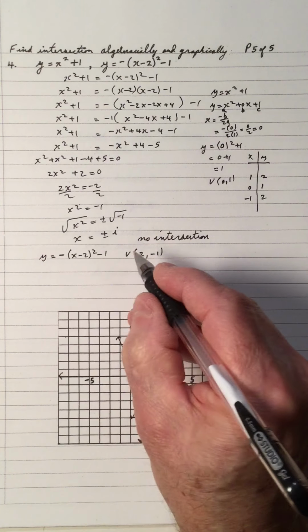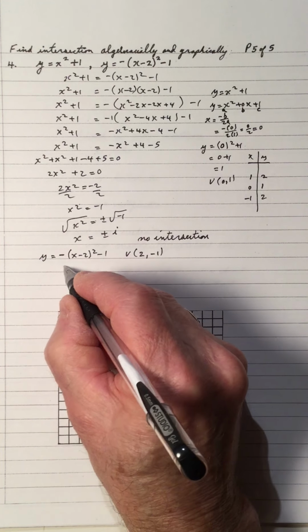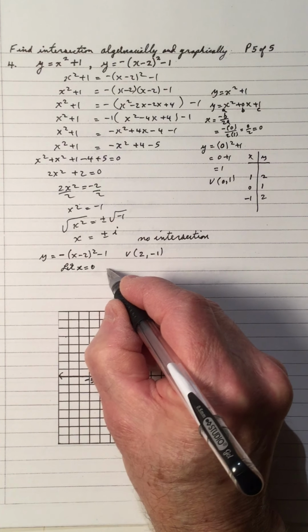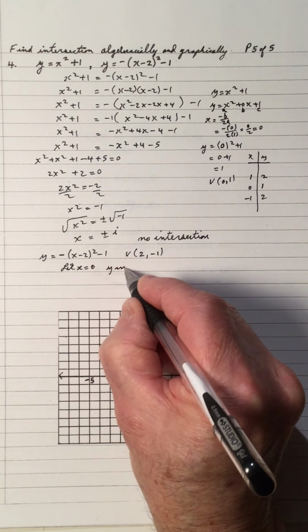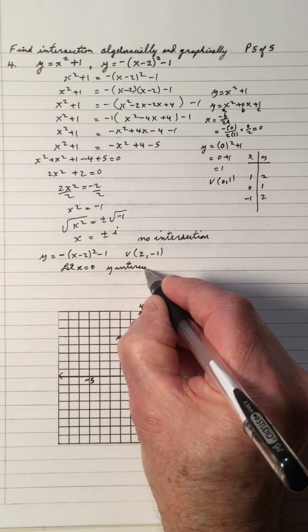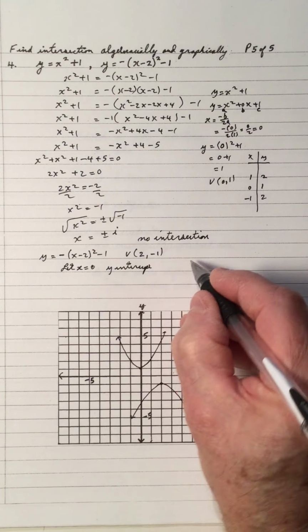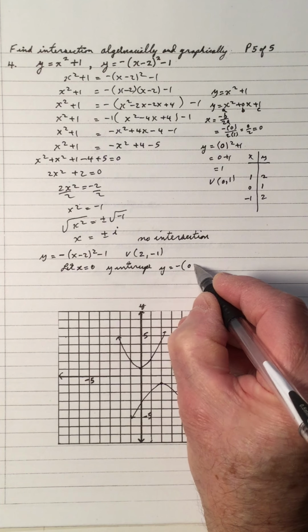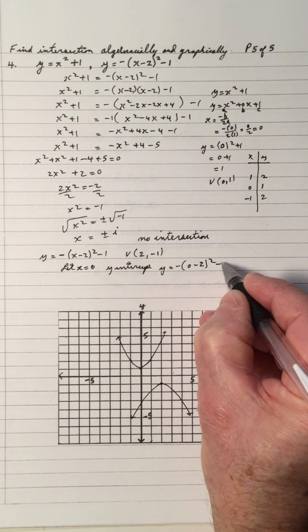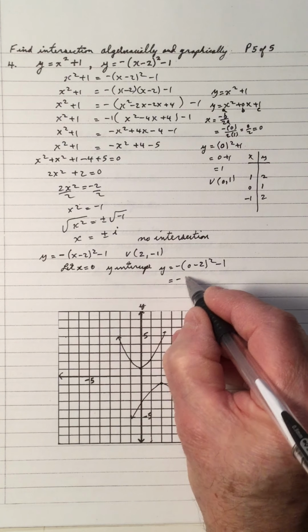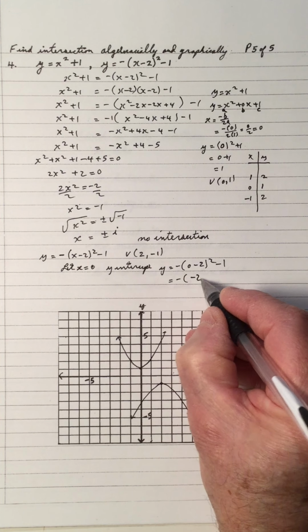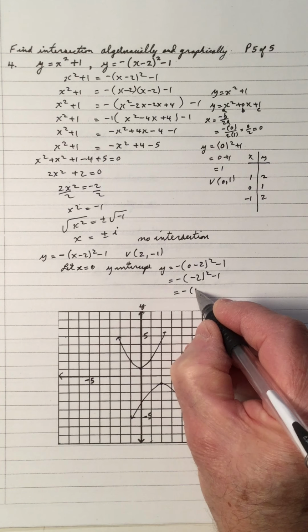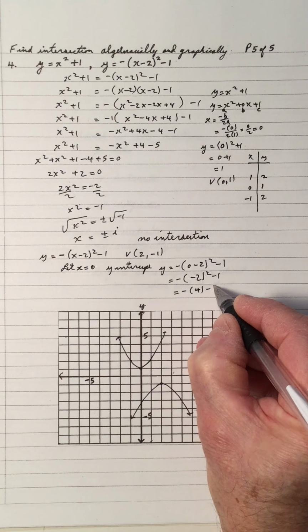And besides, if I let x equals 0, which means I'm finding the y-intercept, so if I let x equals 0 in my equation, negative 2 squared minus 1 is the negative of 4 minus 1.